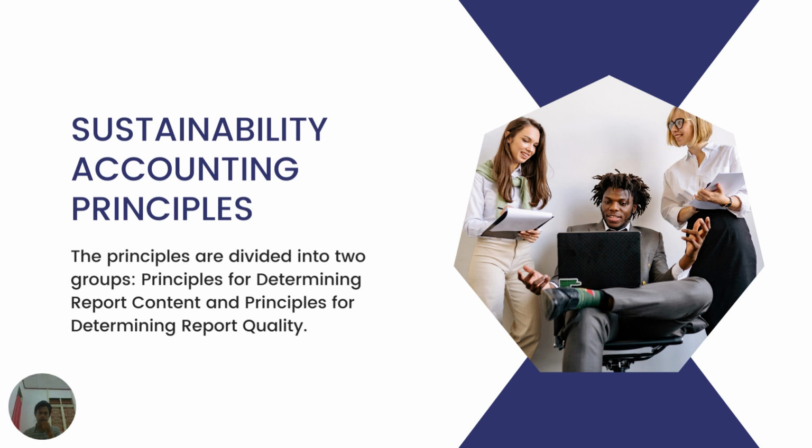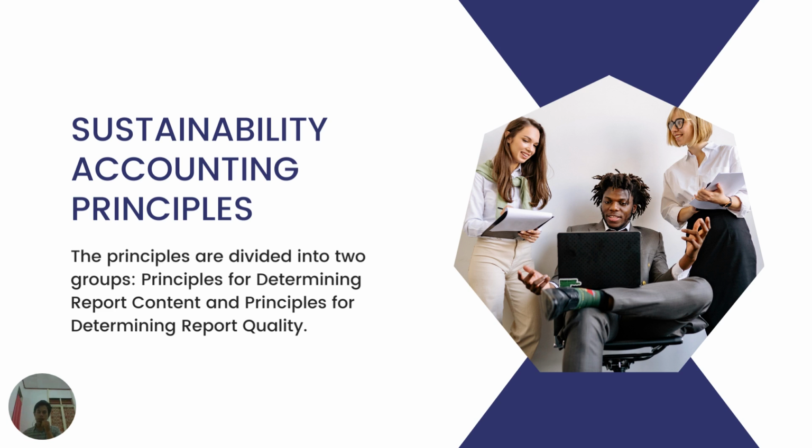The next is sustainability accounting principles. The reporting principles play an important role in achieving transparency in sustainability reporting and therefore should be applied by all organizations when preparing sustainability reports.